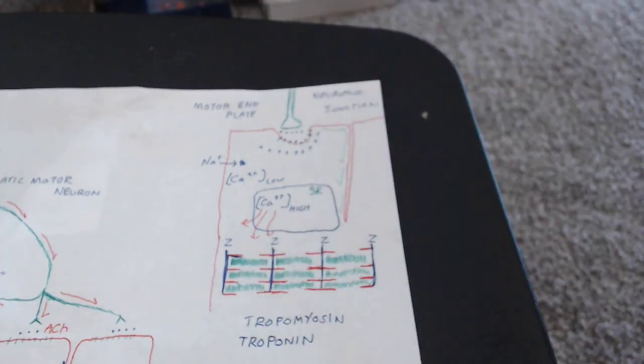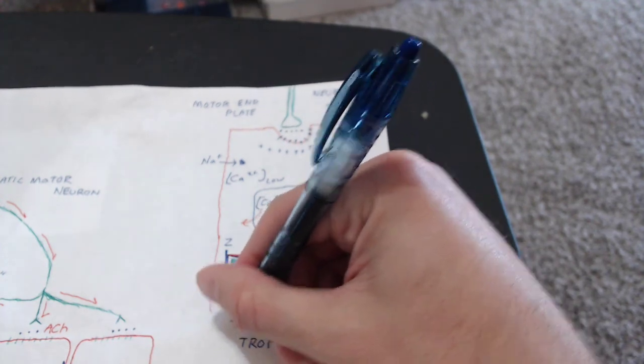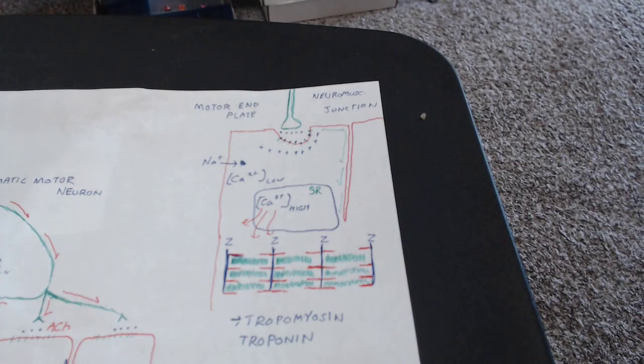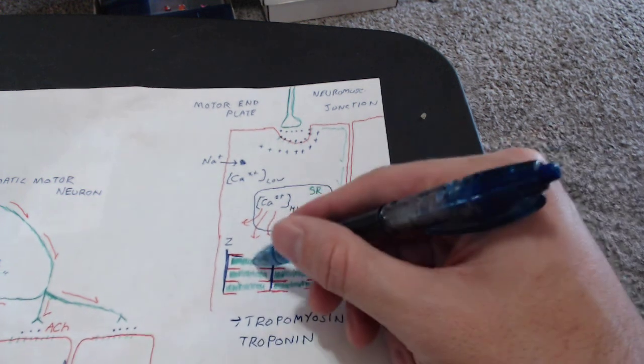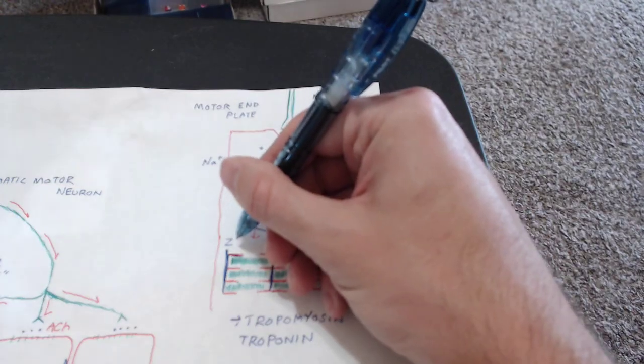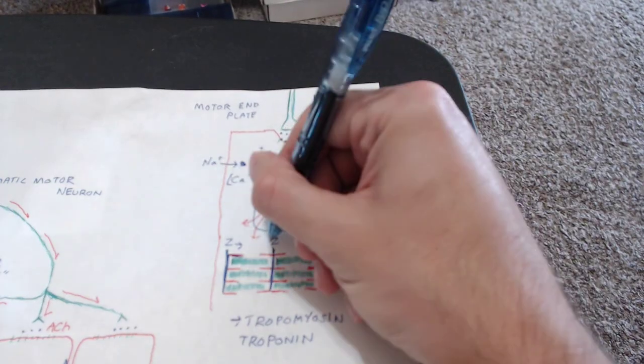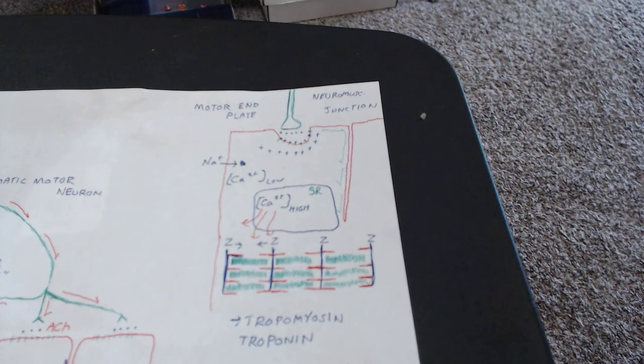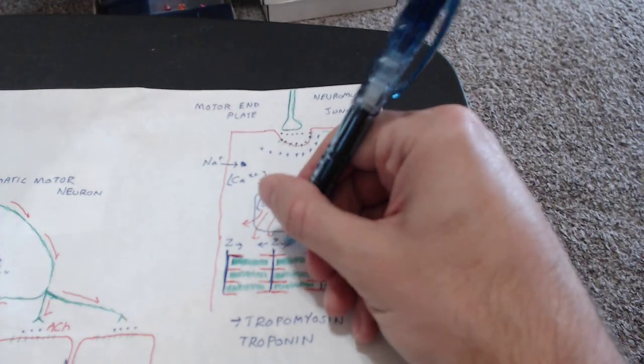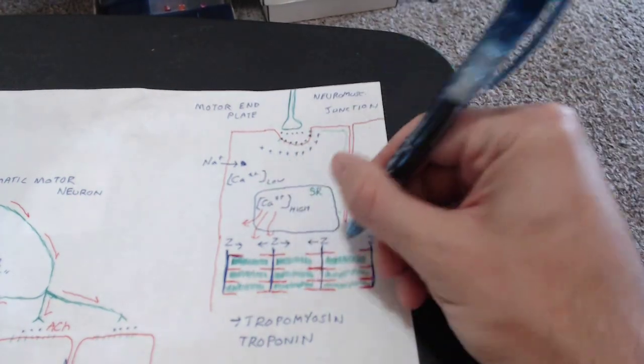And troponin, when bound to calcium, will actively move that tropomyosin out of the way, freeing up the myosin binding spots on the actin, and now suddenly myosin and actin can interact, and we can get muscle contraction in which the sarcomeres shorten and the Z discs come together.